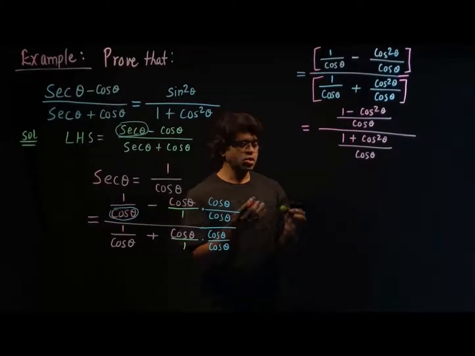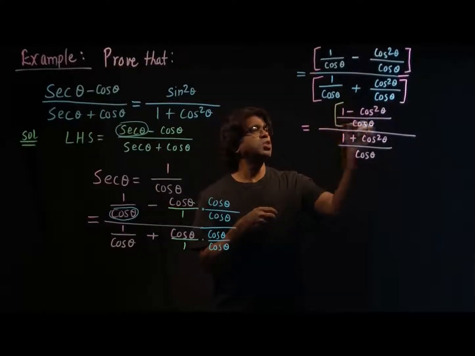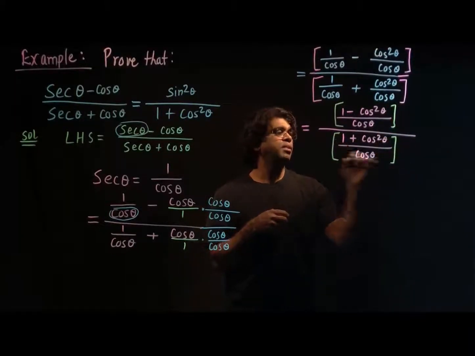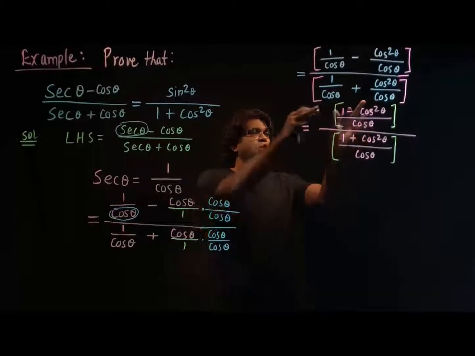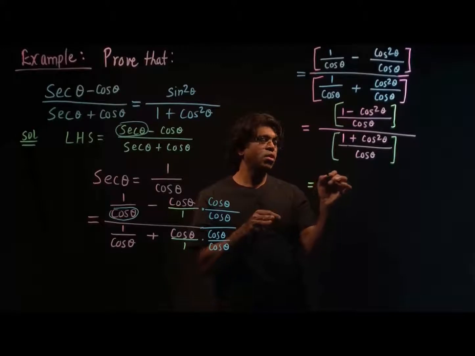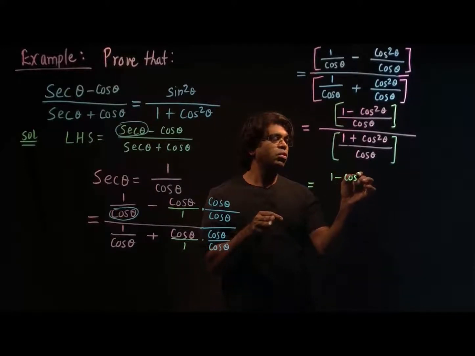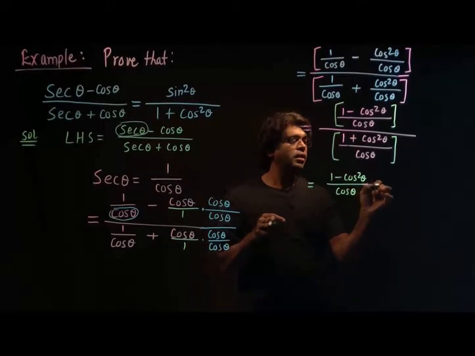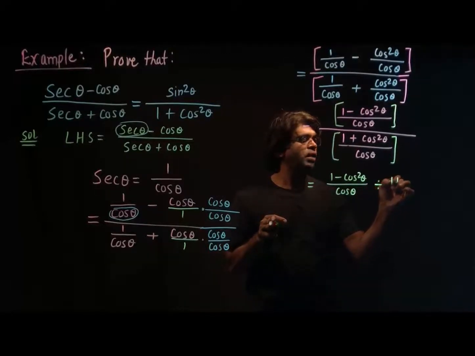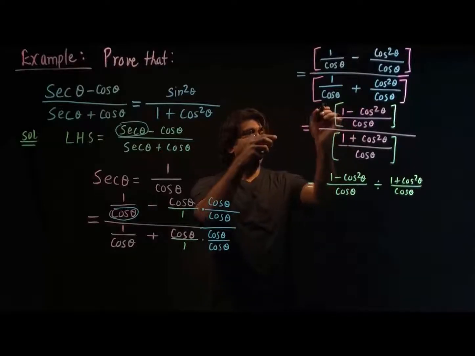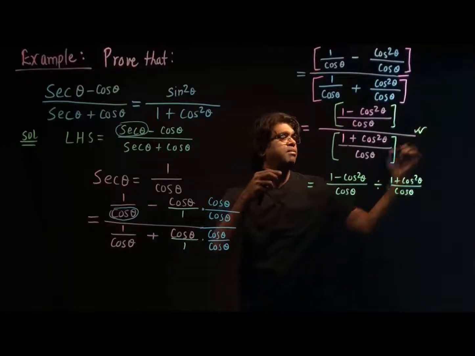What I'm basically doing is simplifying the numerator and denominator separately. This is numerator divided by denominator. So I'm going to write this as 1 minus cosine square theta over cosine theta, divided by 1 plus cosine square theta over cosine theta. This is what this whole expression means.